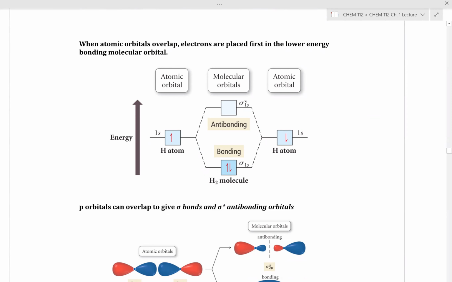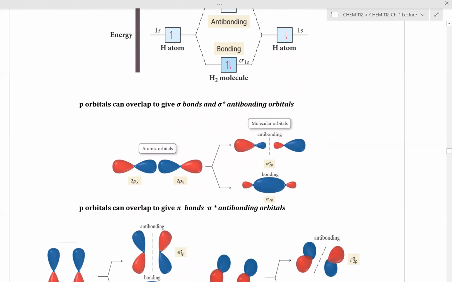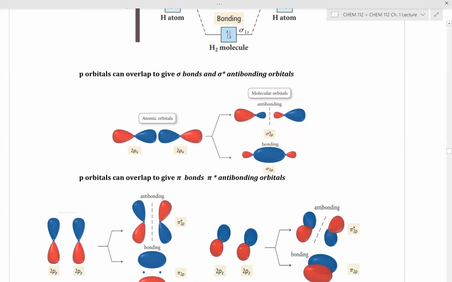The anti-bonding orbital still exists, and many chemical reactions will interact with the anti-bonding orbital in order to make or break new bonds. Let's take a look at our p orbitals now as we really start to observe the effect of phasing on whether we see bonding or anti-bonding.